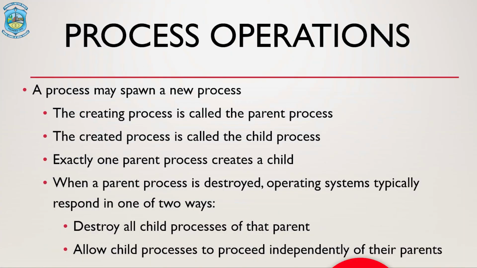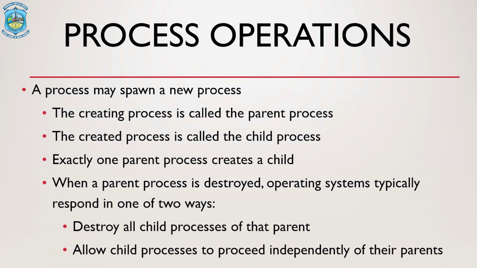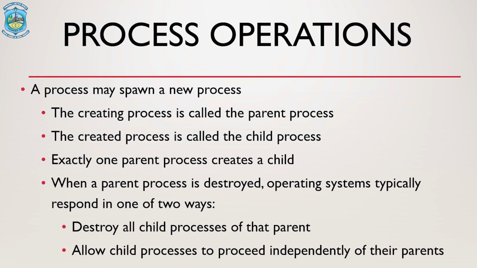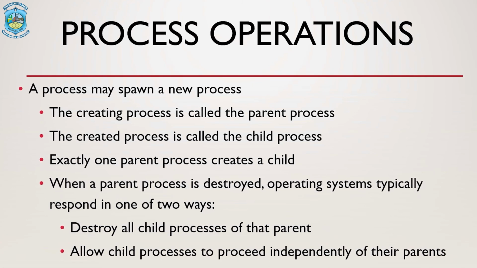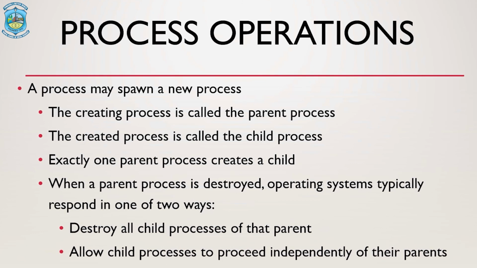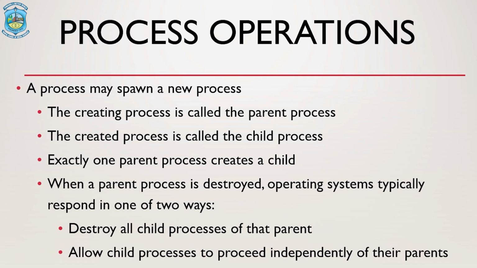Now, let us first see the operations on processes. A process may spawn a new process. So, the creating process is called parent process. The created process is called child process. The parent process is a process that creates a child process. Exactly one parent process creates a child process.